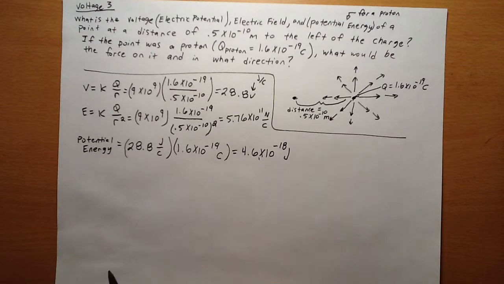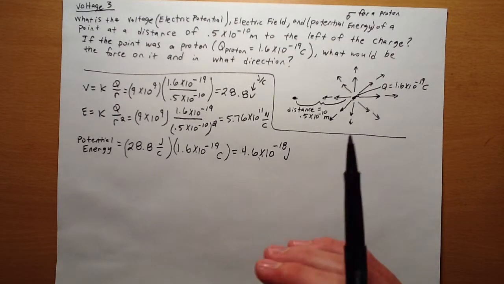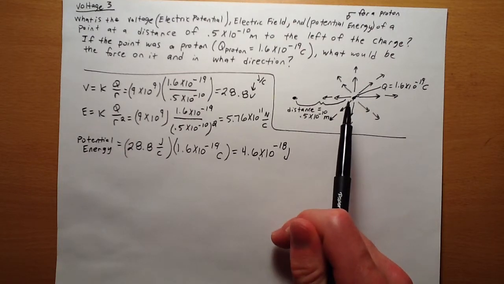This is relative to something too. The potential energy, when we're talking about electric fields, ground, or a potential energy of 0 joules, is always, or in almost every situation, infinitely far away from the point charge.